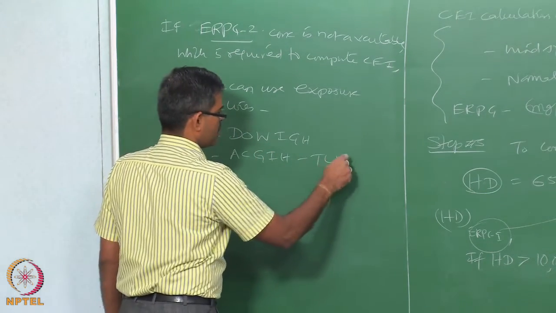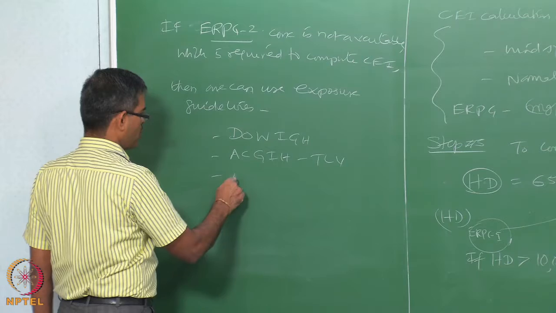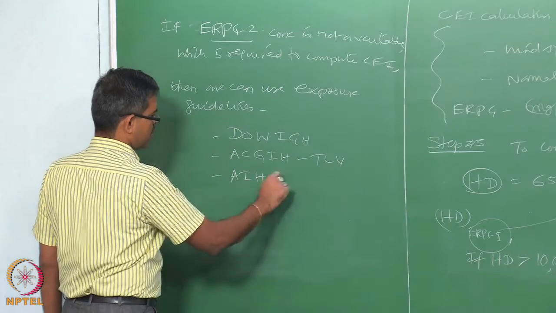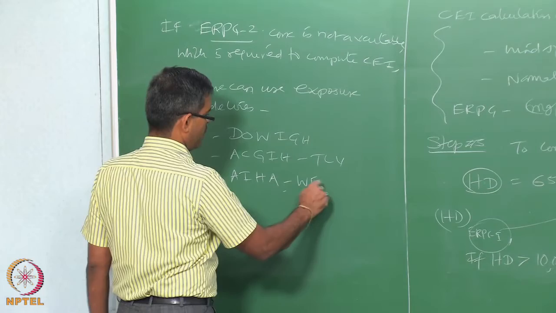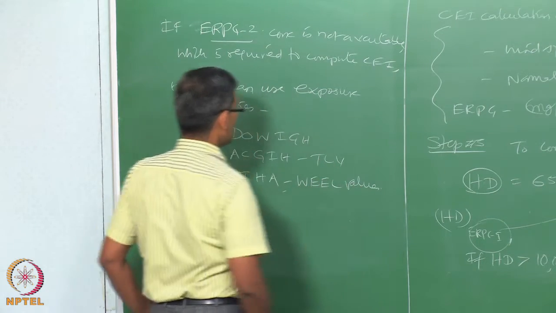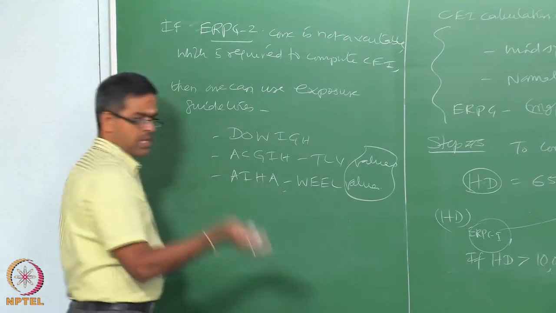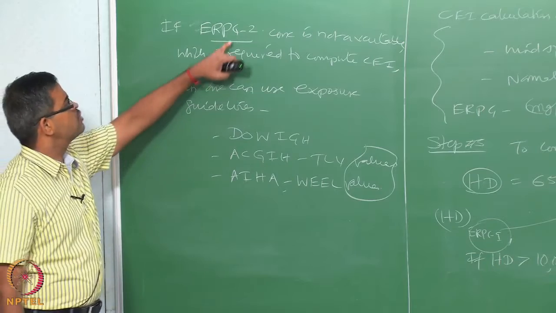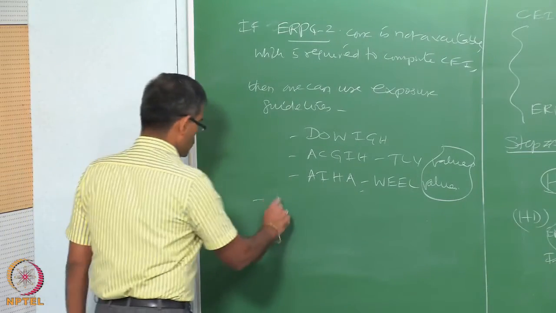They have given the TLV limits, threshold limit values. One can also look at the American Industrial Hygiene Association, where they have given WEEL values. So, one can look at these values and use them as an alternate substitution for ERPG 2 for a mixture which is not available.